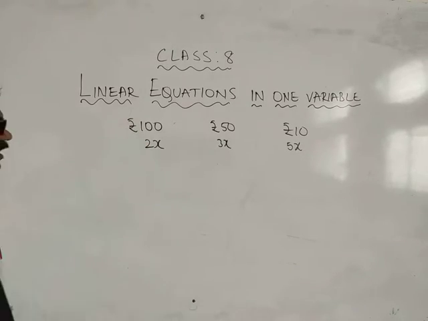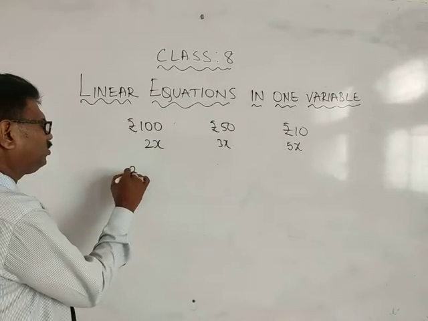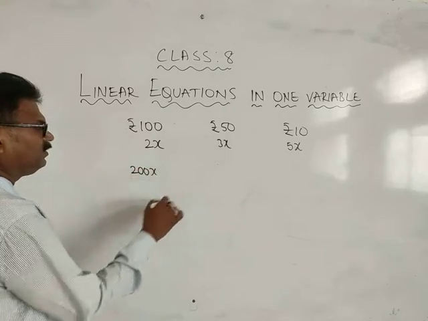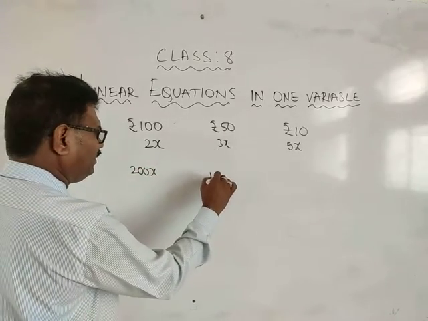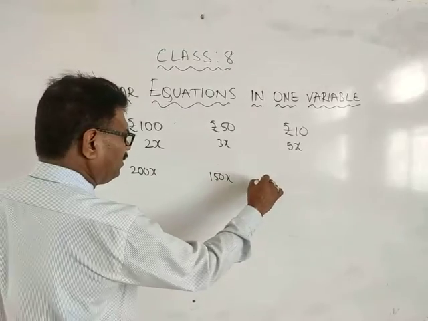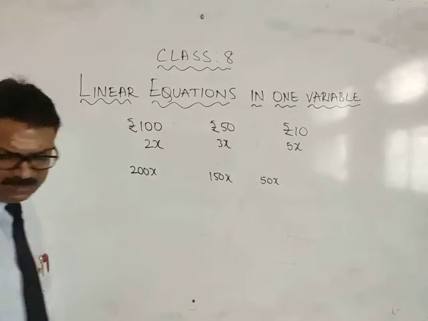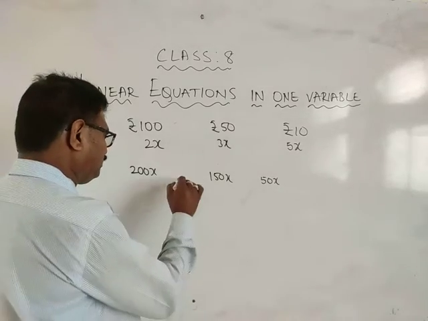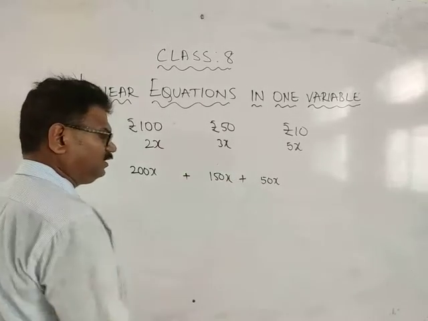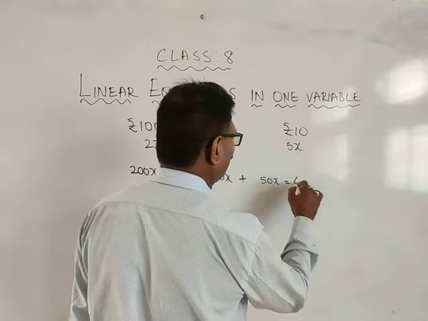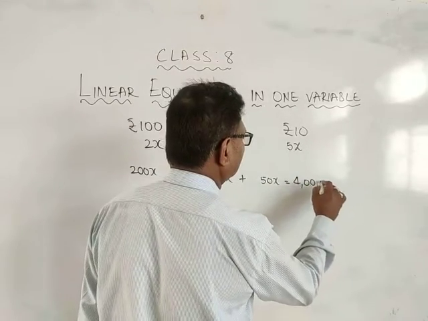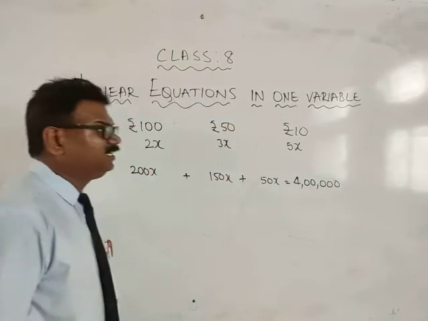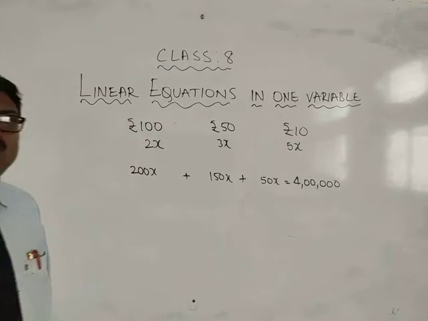Just multiply 2 into 100, that is 200x. Here 150x. Here 50x. This total amount is equal to how much? 4 lakhs. Then find the number of notes.